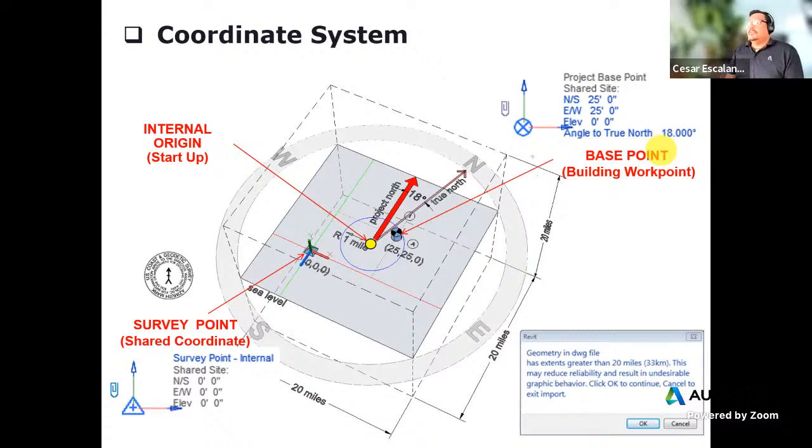But then as you coordinate the site with your consultants, the survey point needs to find a place. The base point needs to find a place, and the internal origin is not selectable. It doesn't report anything. It stays where it is.